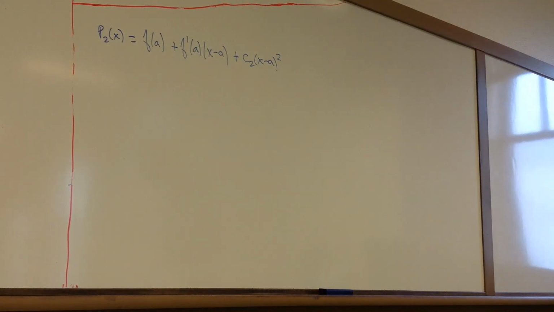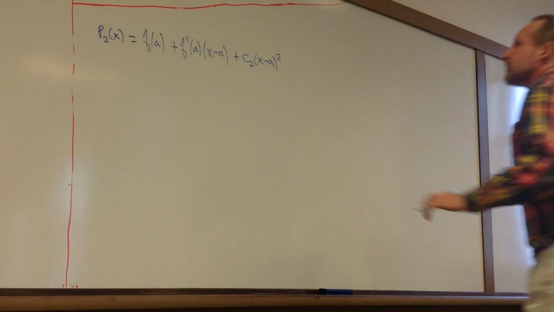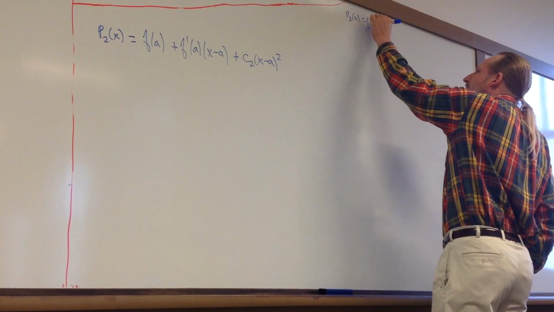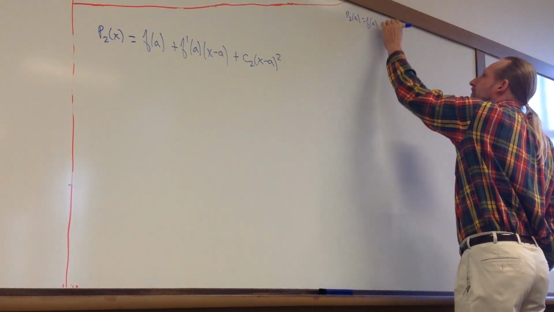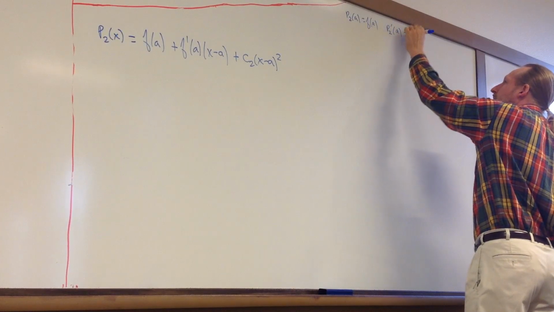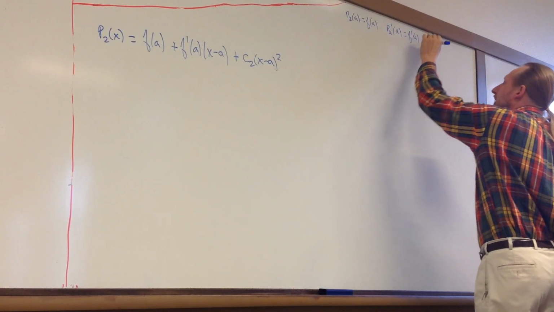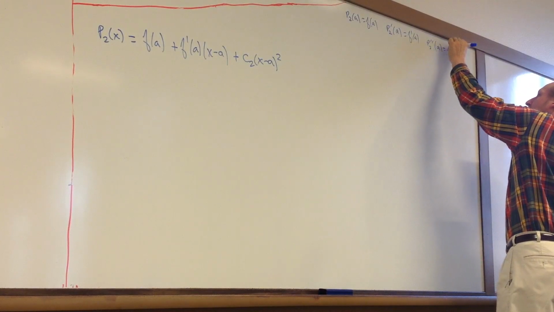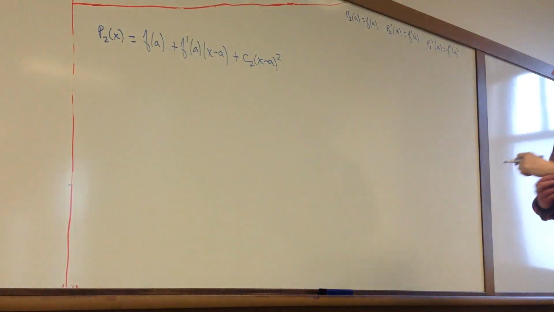Remember that we always want P2 of a to be equal to f of a. We want the first derivative, P2 prime, to be equal to f prime at a. And we want P2 double prime to be equal to f double prime at a as well.